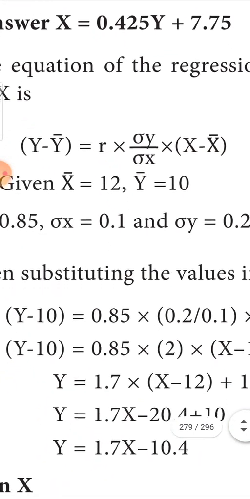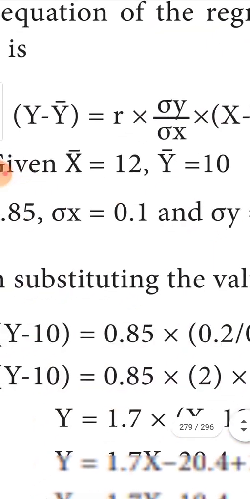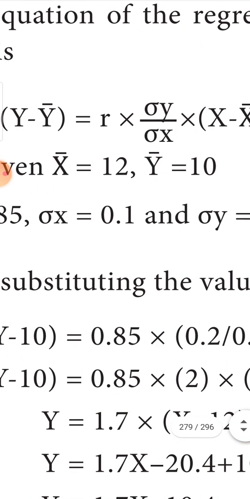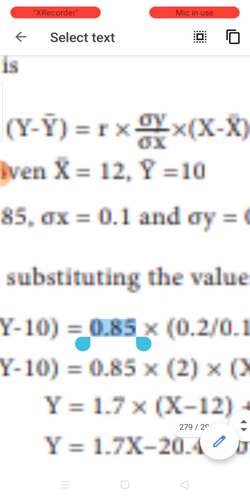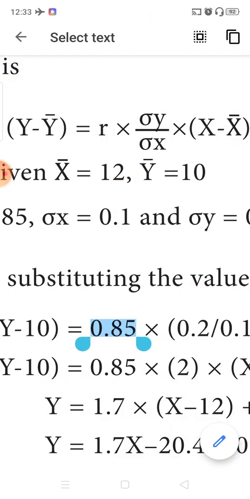Now here you have the regression equation of y on x. I shall just parallelly tell you that also. A regression equation of y on x you have here. Y minus y bar will be in the left hand side, is equal to r into, here in the numerator you will have sigma y divided by sigma x into x minus x bar. X minus x bar here will be on the right hand side.